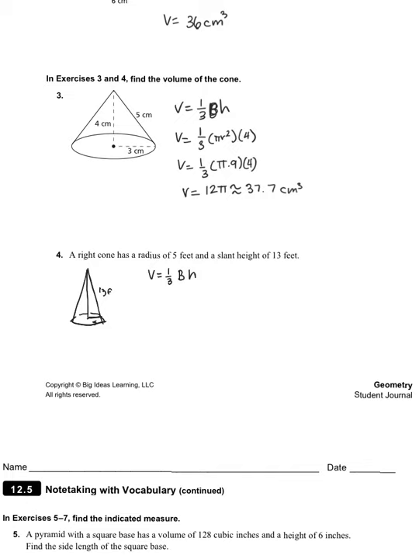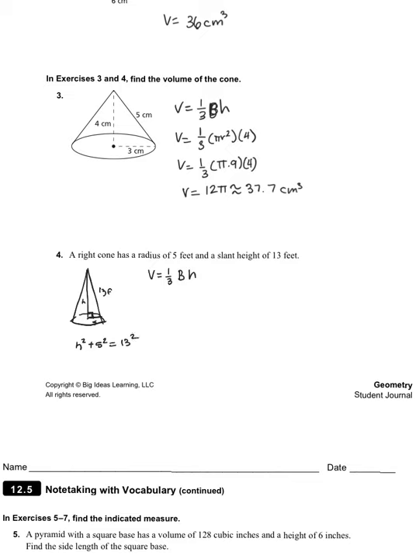In order to do that, you can form a 90-degree triangle. So then from here, you can just use the Pythagorean theorem. So I know that 13 is my hypotenuse, and then this is my height. So I'm going to do height squared plus 5 squared equals 13 squared.